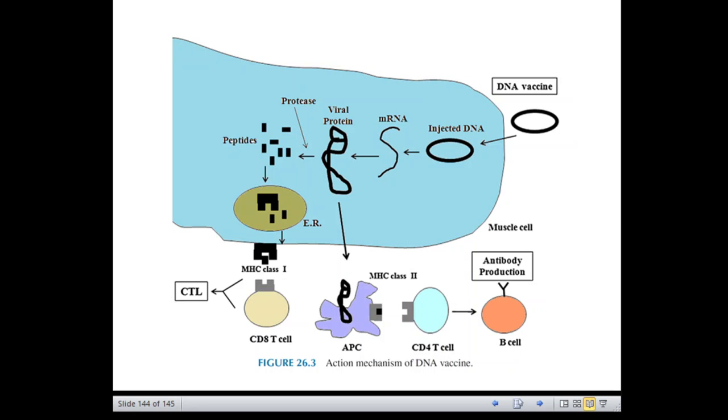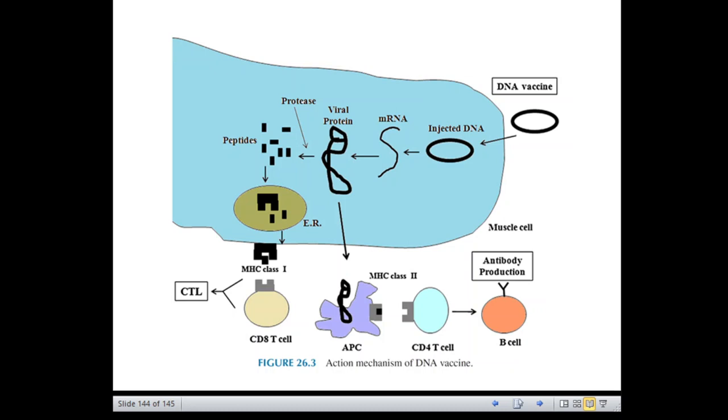The foreign protein can also be presented by the MHC class 2 pathway by antigen presenting cells, which elicits helper T cells. These are the CD4 plus responses.